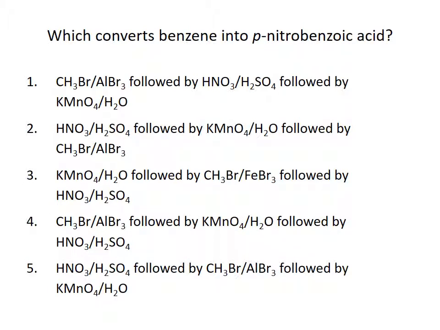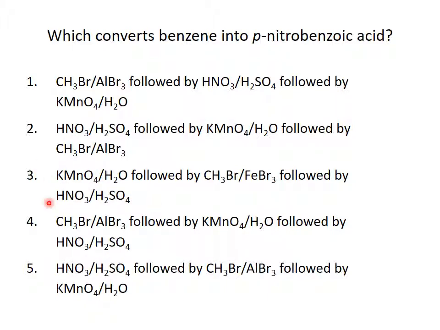Which of the following conditions will convert benzene into para-nitrobenzoic acid? Well, let's go through each one of these conditions to see what it would make. Right off the bat, I know that potassium permanganate is going to do nothing to benzene.